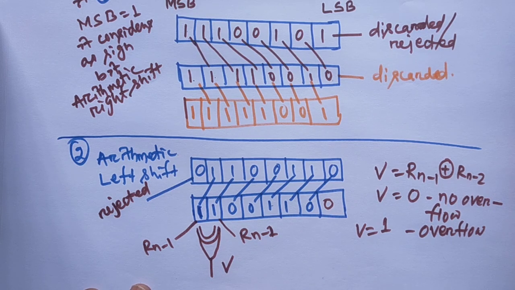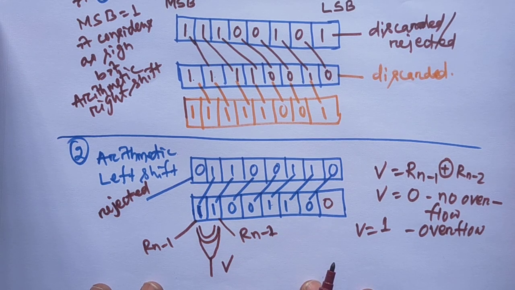But here the question is, every time whenever we shift from left to right or right to left, one data, either on the left hand side or right hand side, will be discarded or rejected. So that is the disadvantage, or limitation, of this shift micro operation.